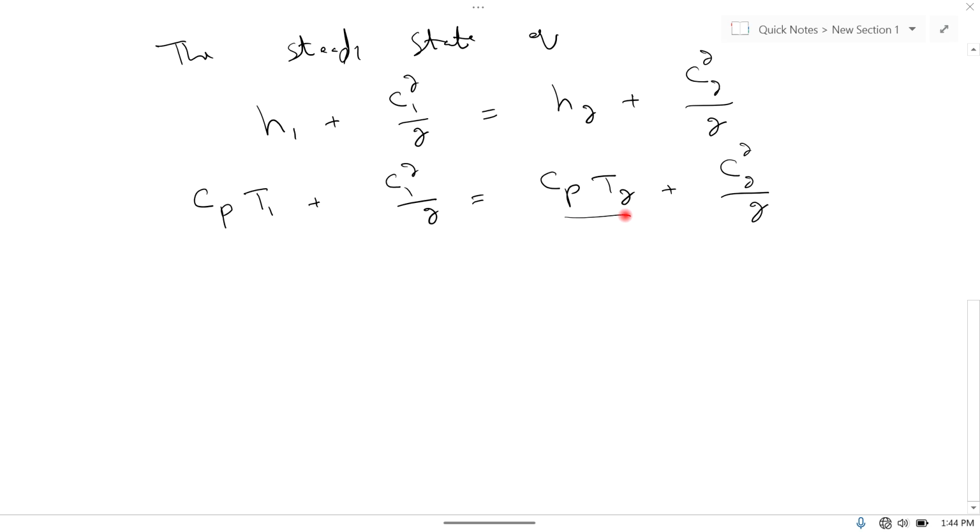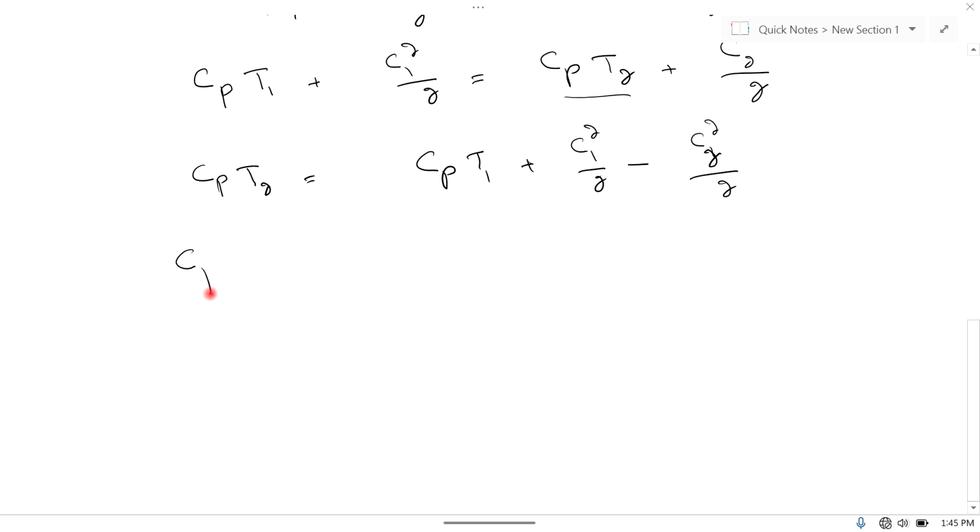Now we have to find T2, so rearrange this equation. Cp T2 is equal to Cp T1 plus C1 square divided by 2 minus C2 square divided by 2. So Cp T2 is equal to Cp T1 plus C1 square minus C2 square divided by 2.